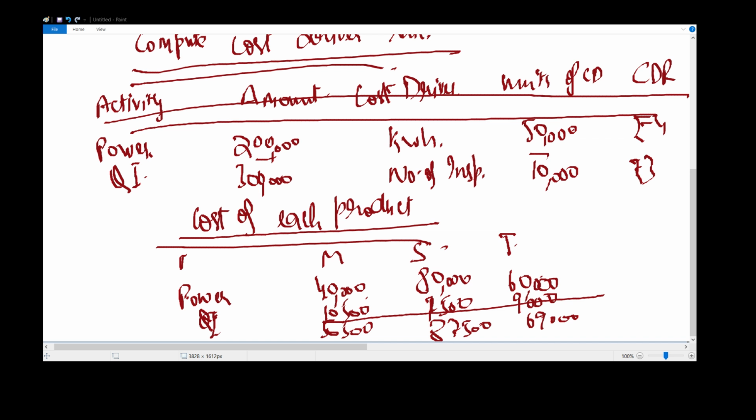Now, I think I did the calculations wrong here. It should be rupees 30. Please correct the amount here, here, and here, as it was a calculation mistake.